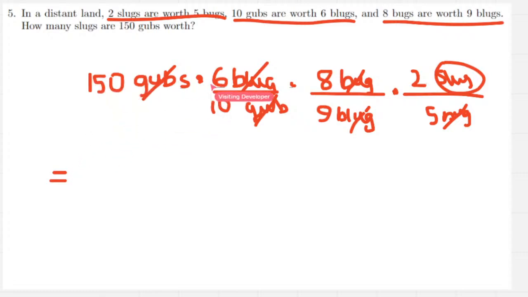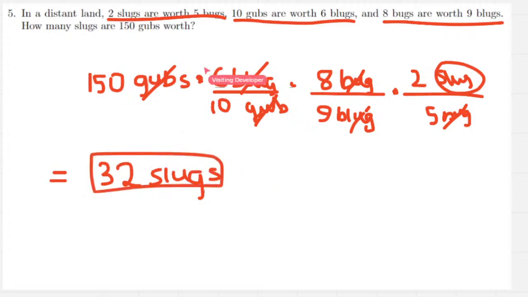So in total, we have 150 times 6 over 10 times 8 over 9 times 2 over 5 slugs, and multiplying all of this out and simplifying, we're left with 32 slugs. So now we can conclude that 150 grubs are worth 32 slugs.